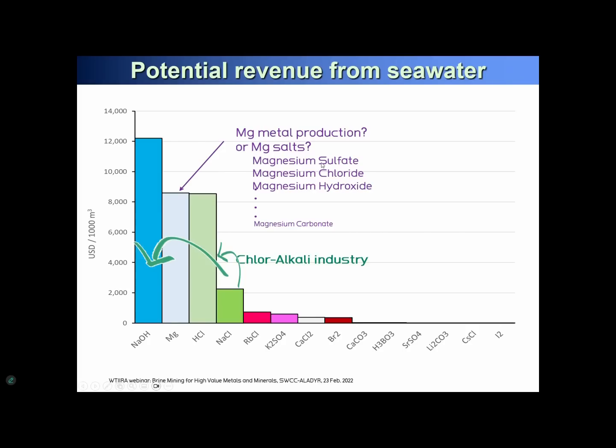Seawater contains a lot of sulfate, chloride, and pH can be adjusted, and hydroxide can be utilized. Also carbonate, CO2, can be carbonized and then combined with the magnesium. So calcium, magnesium, salt, they have different values. So this can also be considered: what kind of salt could be the best way to recover.